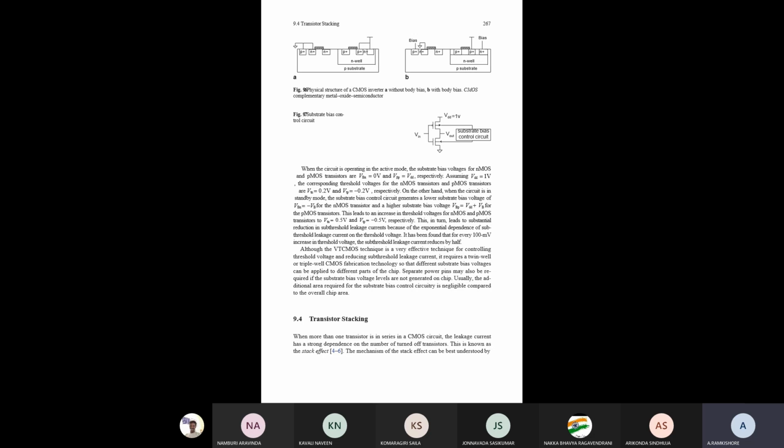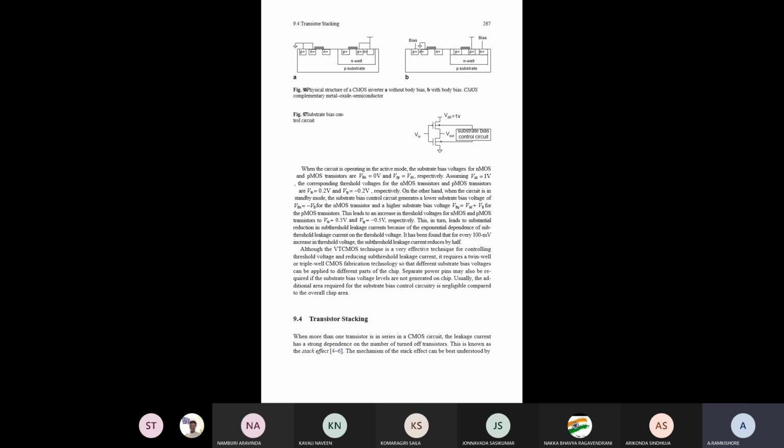The substrate terminals of all the n-channel metal oxide semiconductor transistors are connected to the ground potential, and the substrate terminals of all the p-channel metal oxide semiconductor (PMOS) transistors are connected to VDD.